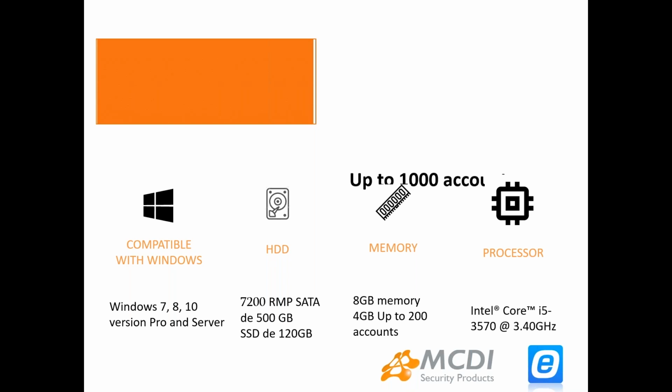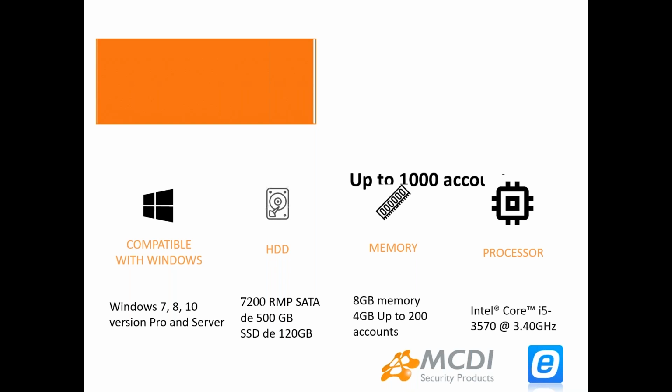But as in this slide, it is not too big. It's just 500 gigabytes. Of course, you can have more. If you have more, it's better. And for the memory, I think it's better to have 16 gigabytes, but the minimum is 4 gigabytes of memory, and you can work with that up to 2000 accounts.